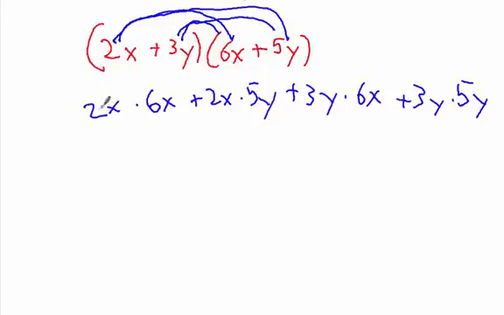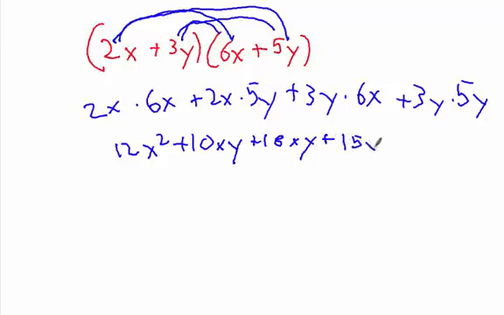Let's go through, do our multiplying. 2 times 6 is 12. X times x is x squared. Okay, plus 2 times 5 is 10. Now x and y, those are not like bases. They can't get multiplied together. They just stay as xy. Over here, 3 times 6 is 18. I've got x and y again. It is y times x, but you should know that's the same thing as x times y. So that's 18xy. Then finally, 3 times 5 is 15.